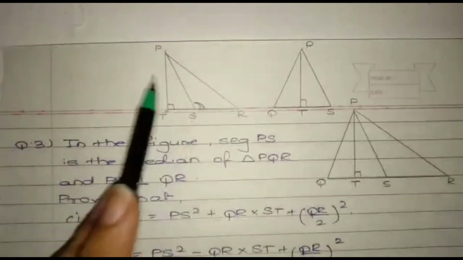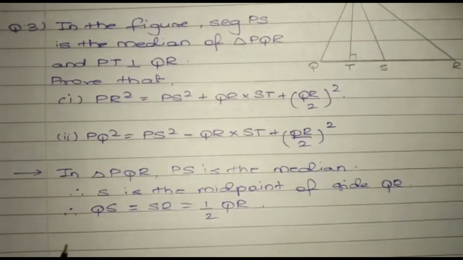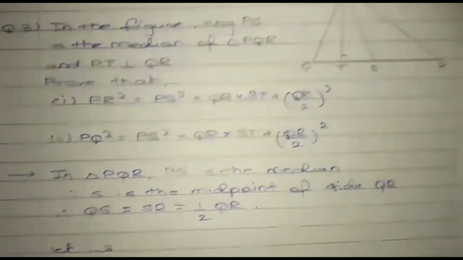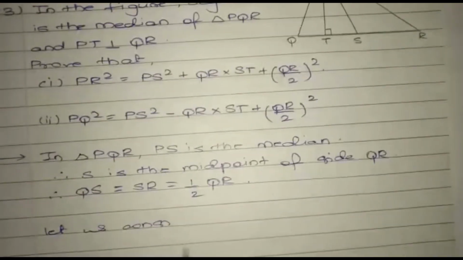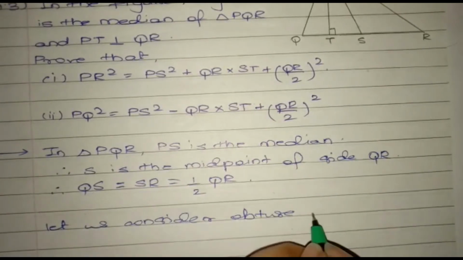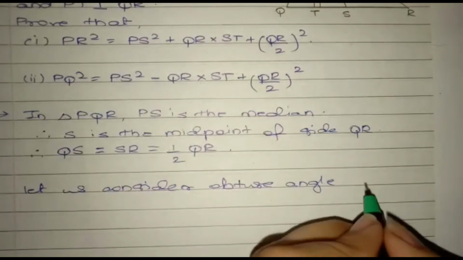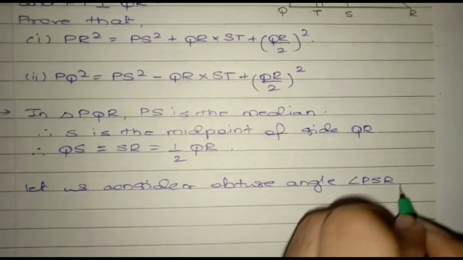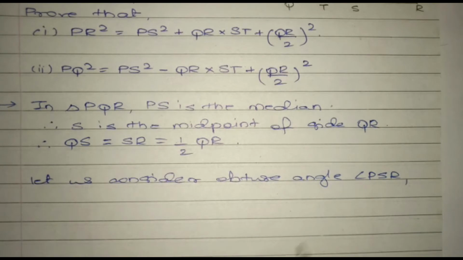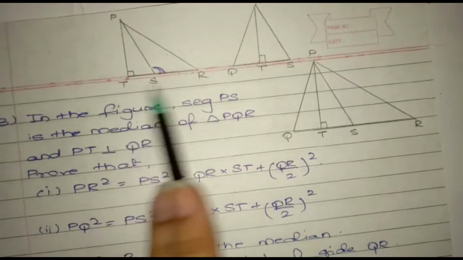Now we are going to consider this triangle, and the relation which we studied says that, first let us consider obtuse angle PSR. We have considered obtuse angle PSR, and we know that PT is perpendicular to QR.